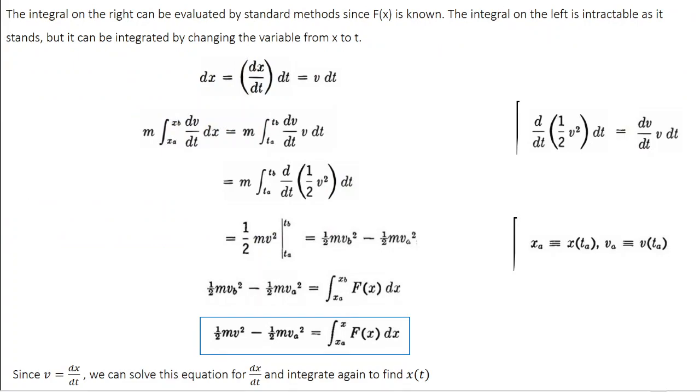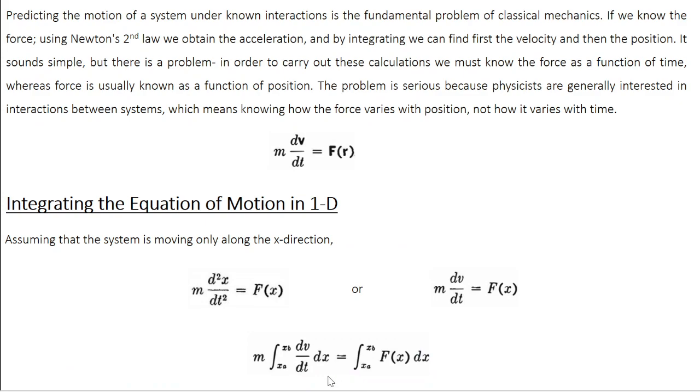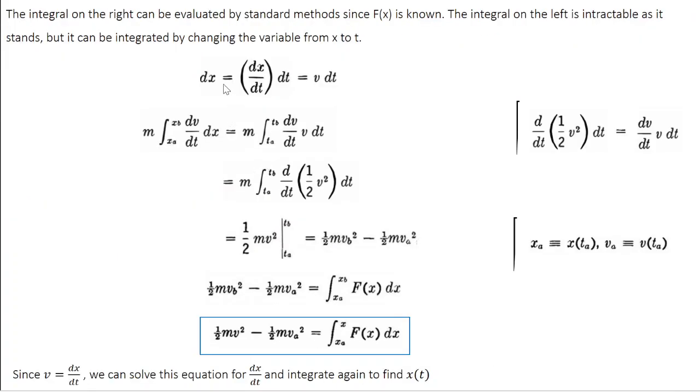Now the trick in solving the left-hand side is, integration with respect to x, now you need to change into integration with respect to time t. And how do you do that? We can write dx equal to dx by dt into dt, right? dt cancel, you have dx on either side. dx by dt equal to v, so dx equals v dt.